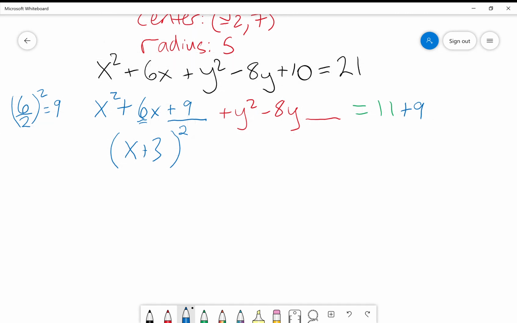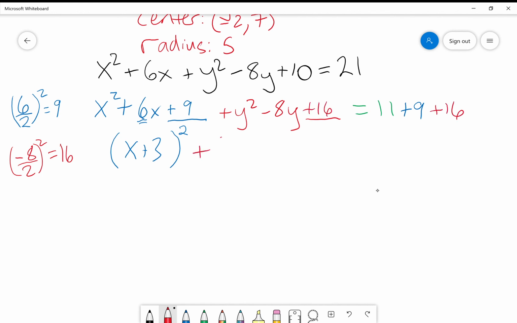Now, I'm going to work on the y's. So if I divide -8 by 2, and I square it, and I always pop this in parentheses when I do that because the negative is going to turn positive. So I'd have negative 4 squared is 16. So I'm going to add 16 here, which means I have to add it over here.